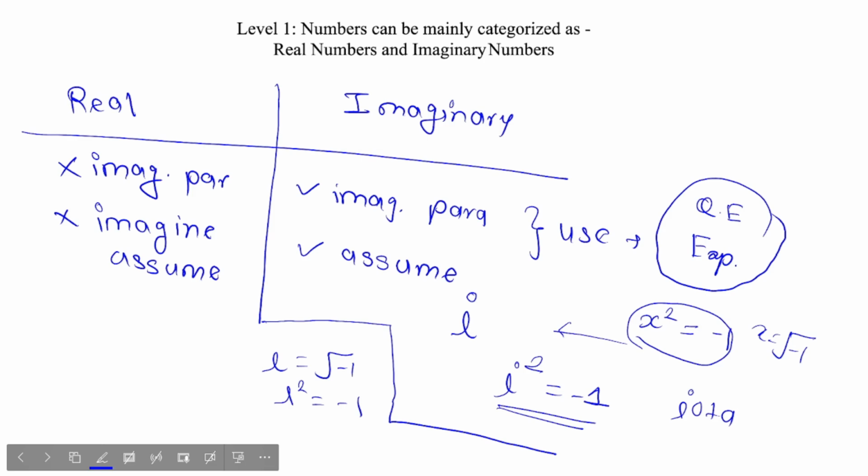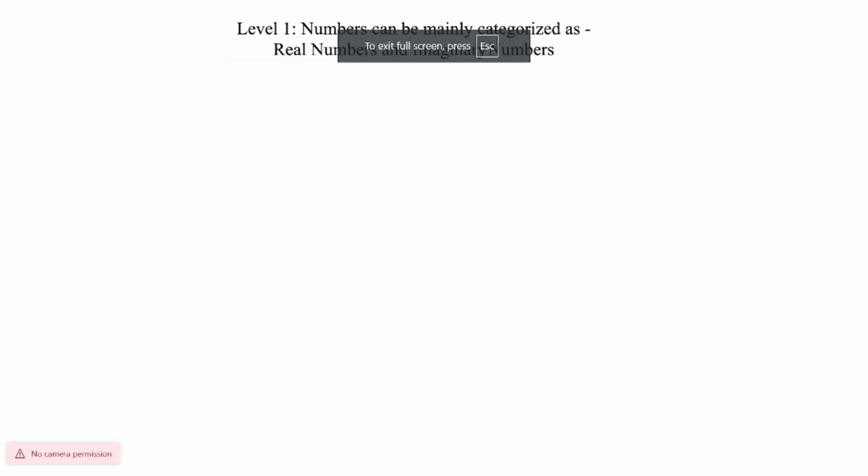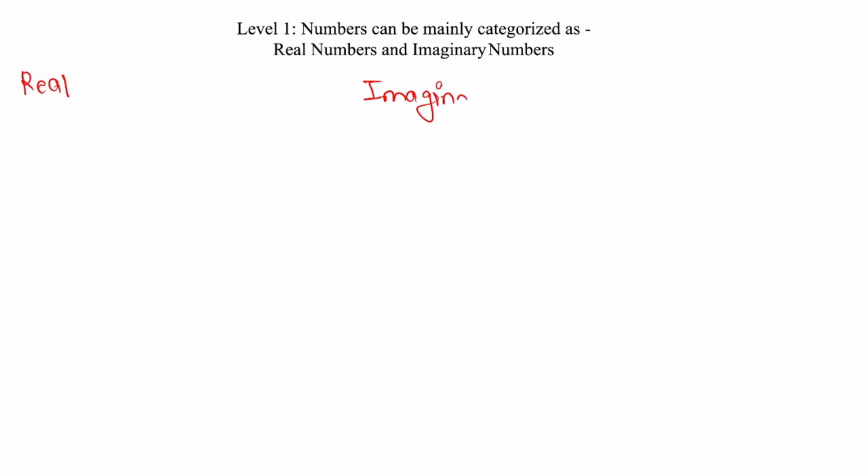So I hope you understand the basic difference between real and imaginary. What is real and what is imaginary? Real is not having imaginary content first of all. So we are going to understand here a real and imaginary number. This is a basic difference.